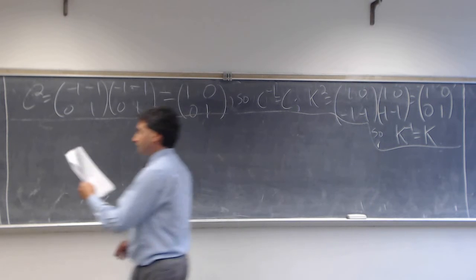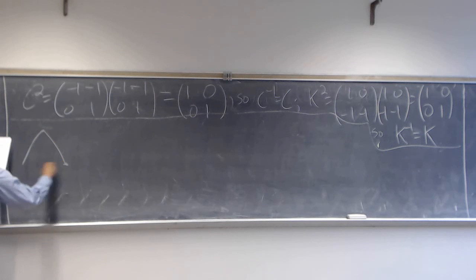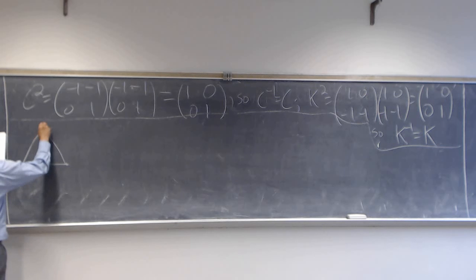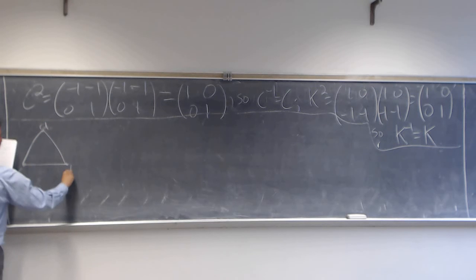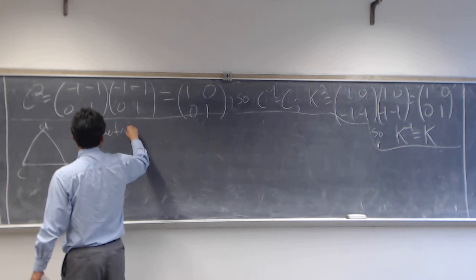So what we have here is just that group A, C, B, so we look at the symmetries of an equilateral triangle.